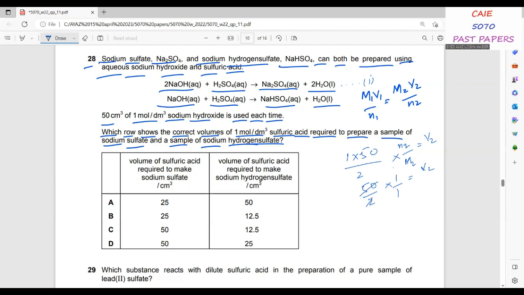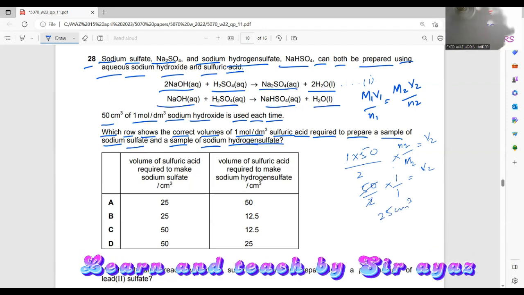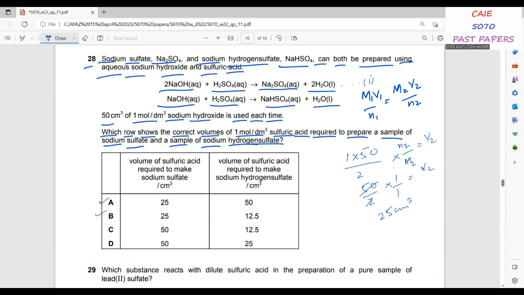In this case, you will get 25 cm³ of sulfuric acid required. This is for equation number 1. So both A and B can be the right choice. Both C and D are wrong.